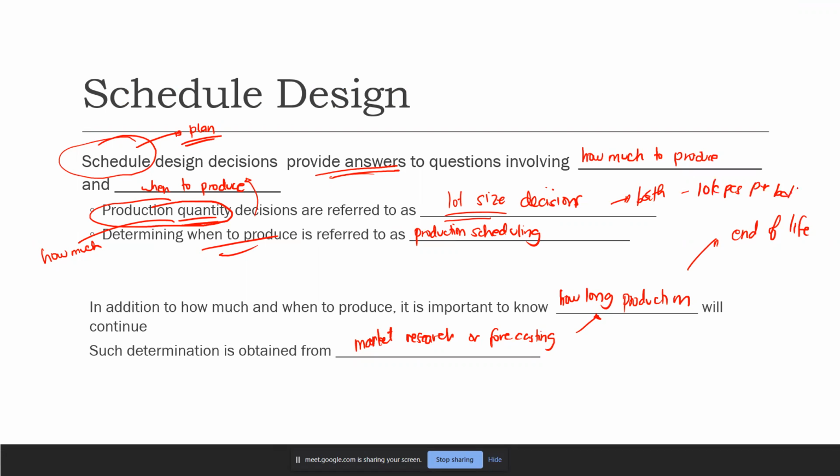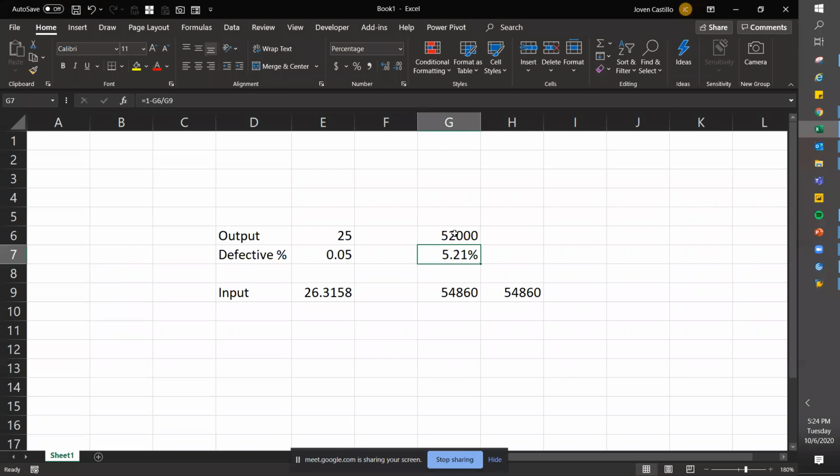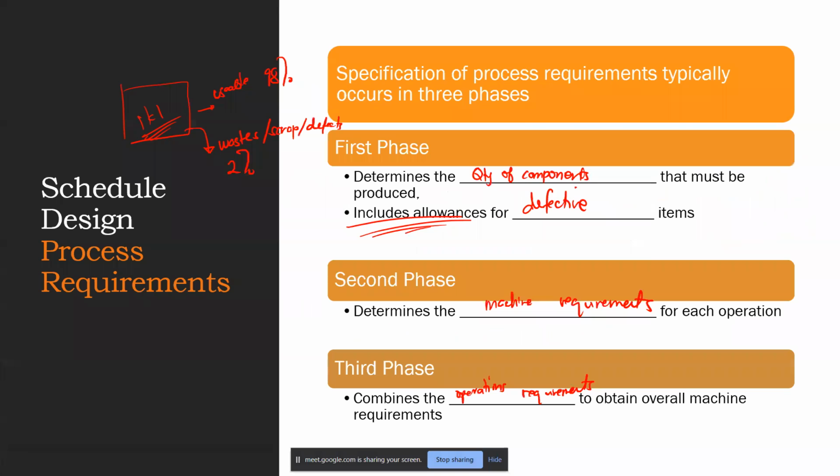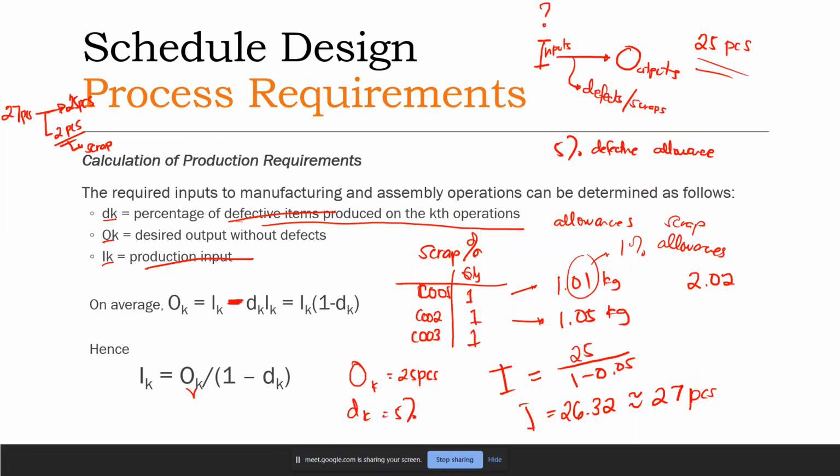So, ibig sabihin, dito i-consider yung percentage defectives at hindi dun sa mismong target mo na 52,000. Isang lote ang kinonsider natin, kaya hindi natin nakuha ng sakto dun sa kung ano yung nakadeclare sa system. Nevertheless, same lang din naman yung formula.